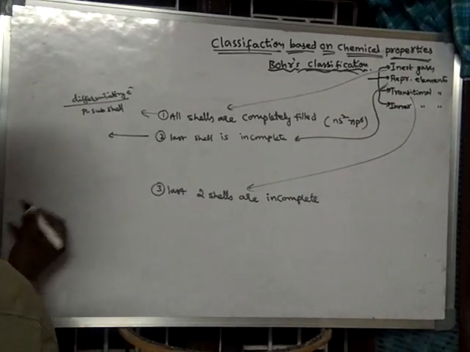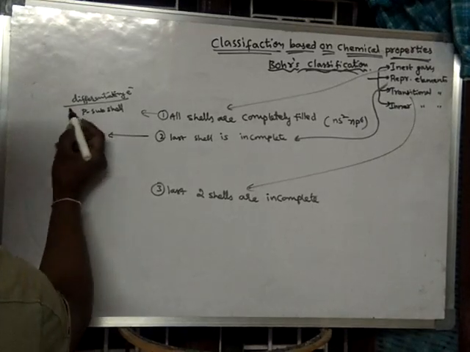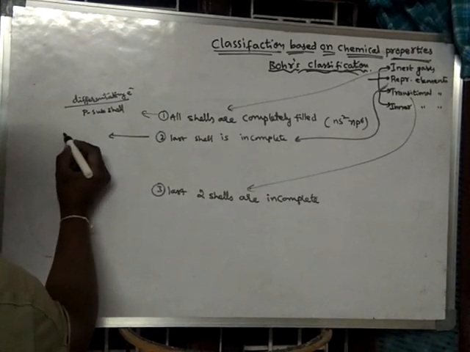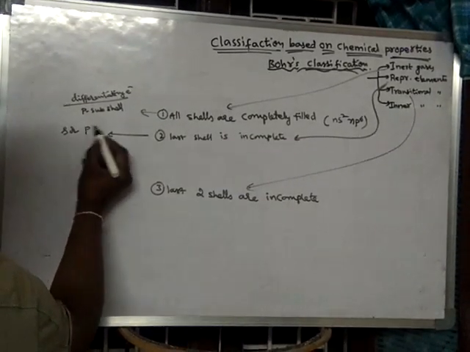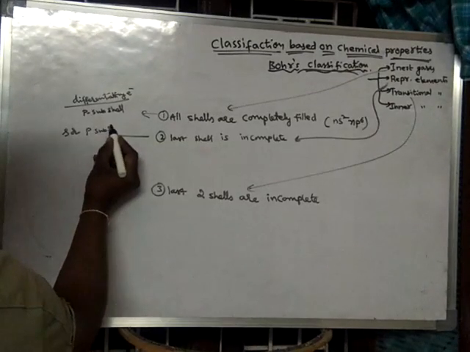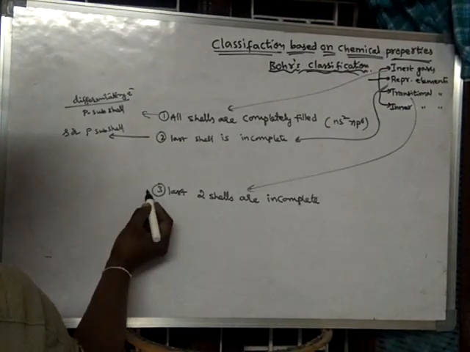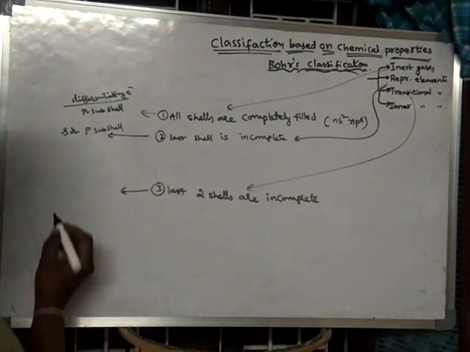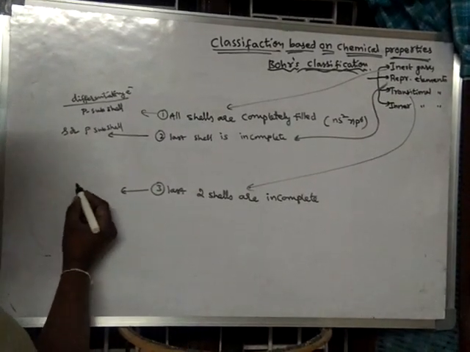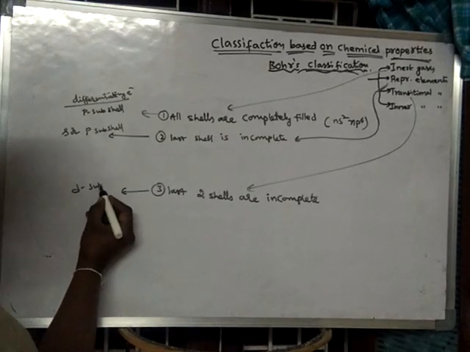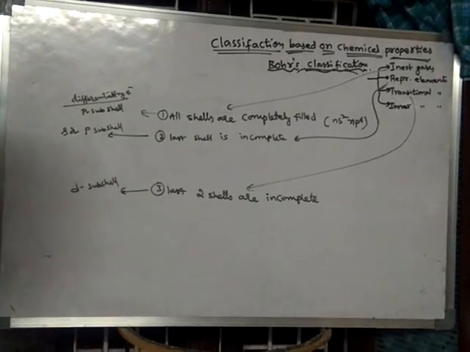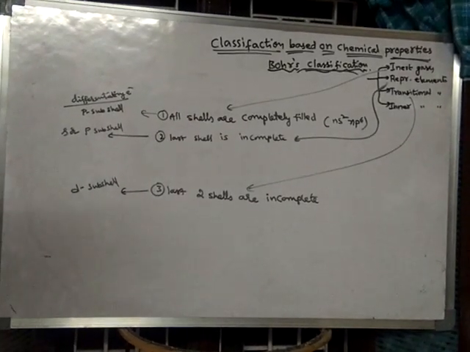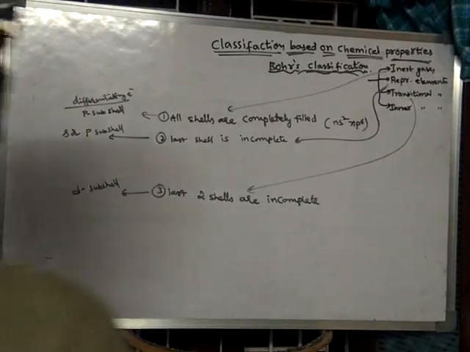In the case of representative elements, the differentiating electron may be present in the s or p subshell, whereas in d block elements, the transitional elements, the differentiating electron is present in the d subshell.